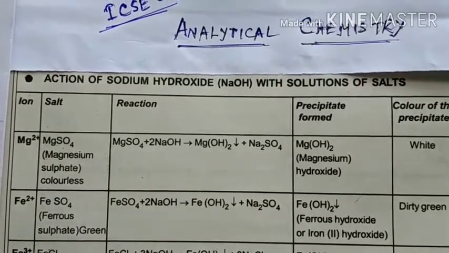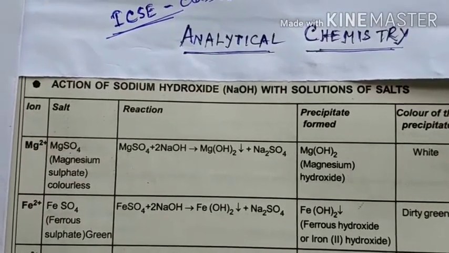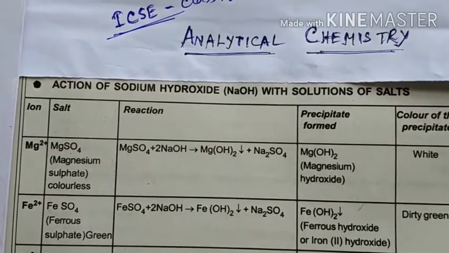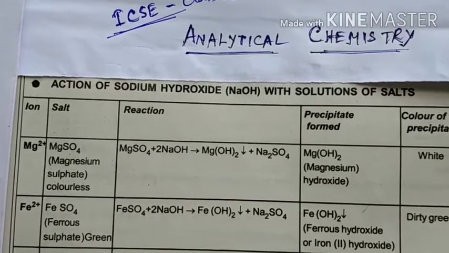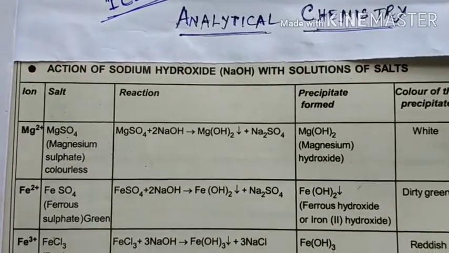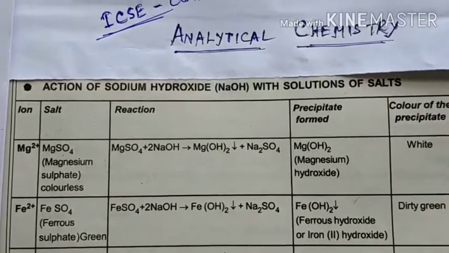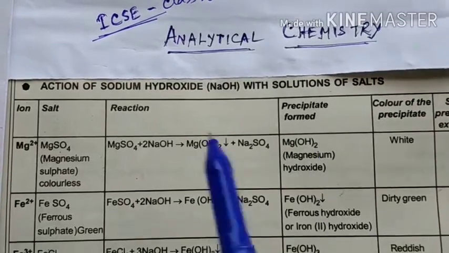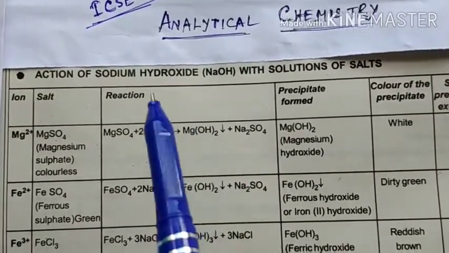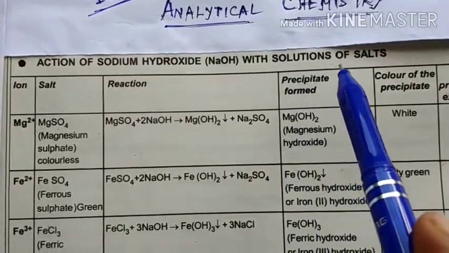And quantitative analysis deals with the determination of the constituents of a chemical substance in a mixture. We have to choose a certain reagent to carry out all these reactions. Here we have chosen sodium hydroxide, that is NaOH, with solutions of salts.